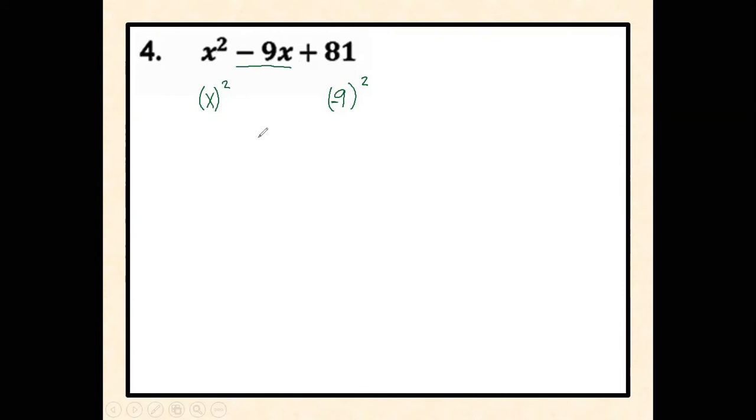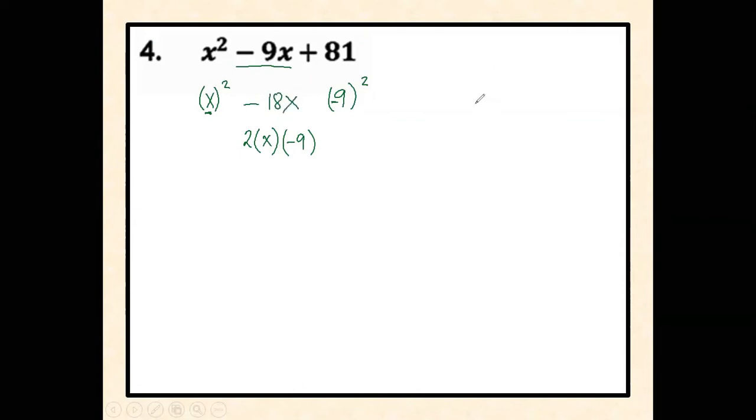And to check for the middle term, we will just multiply 2 times the square root of the first term, which is x, and the square root of the last term, which is negative 9. So 2 times x times negative 9, that is negative 18x.